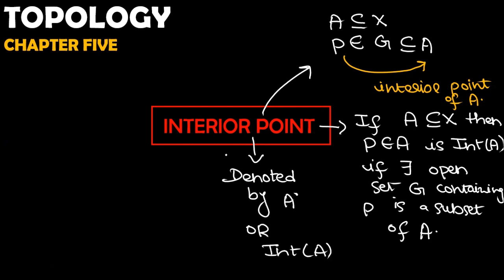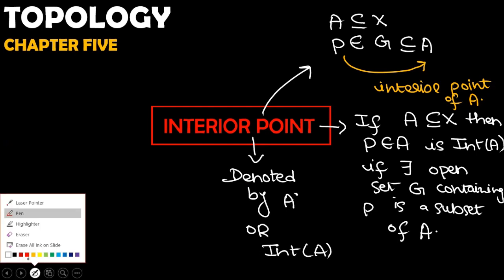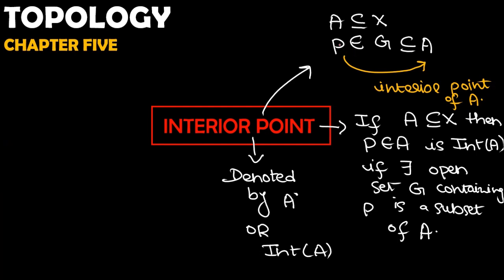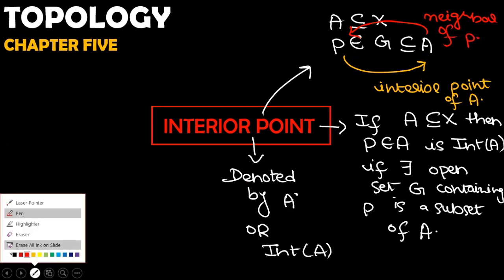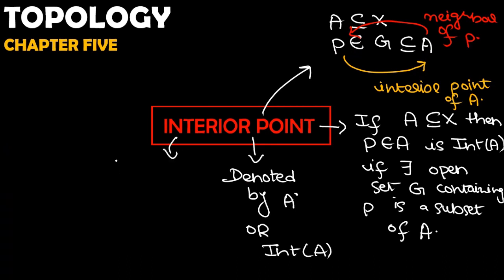Okay. So this interior point has a very close relationship with a neighborhood. How does it have a close relationship with a neighborhood? Exactly here, as I say, if P is an interior point of A, then this A is a neighborhood of P. So we can write that the reverse of interior point is neighborhood.